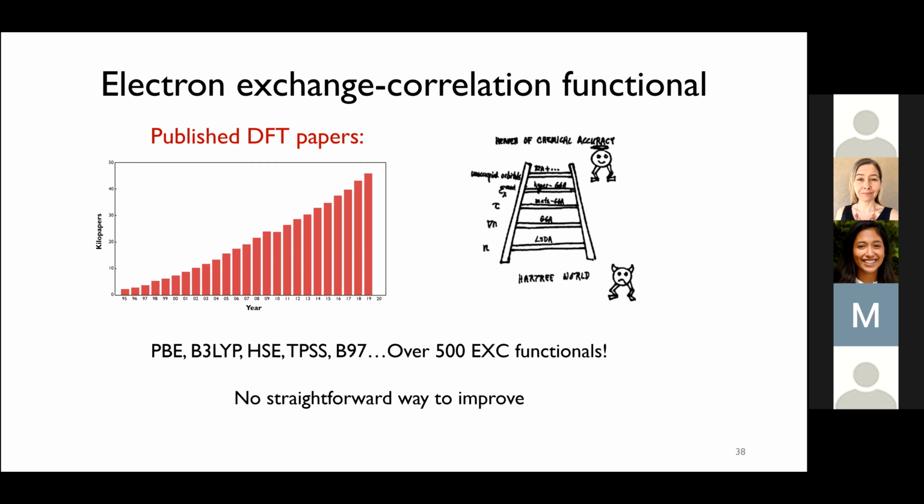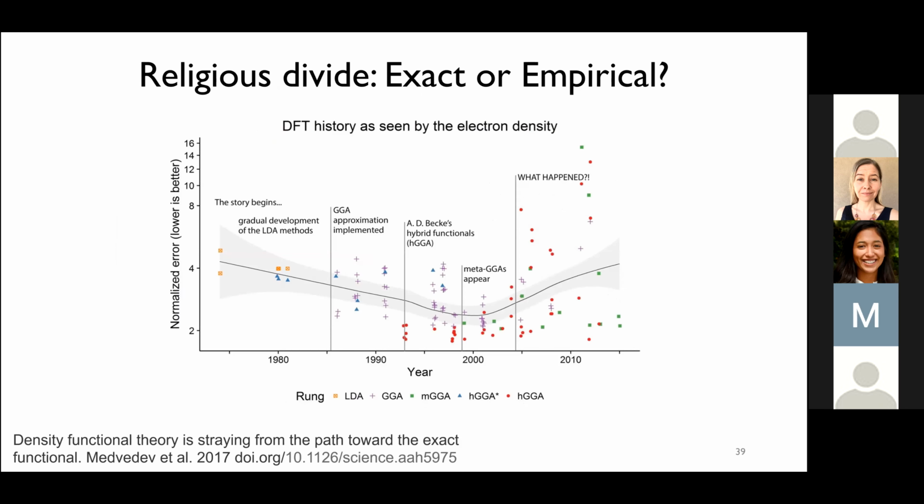Now, part of why there are so many of these exchange correlation functionals is that there is definitely a religious divide among the computational chemists who come up with them. I would say the divide is between the exact crowd and the empirical crowd. The exact crowd is trying to come up with the physical underpinnings, a first principles approach to what should go into these exchange correlation approximations.